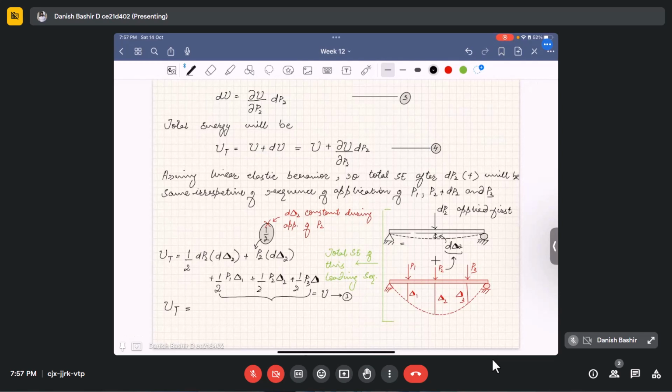So we can write Ut to be equal to 1 half of dp2 d delta 2 plus p2 d delta 2 plus u. Okay, this is clear to you guys.